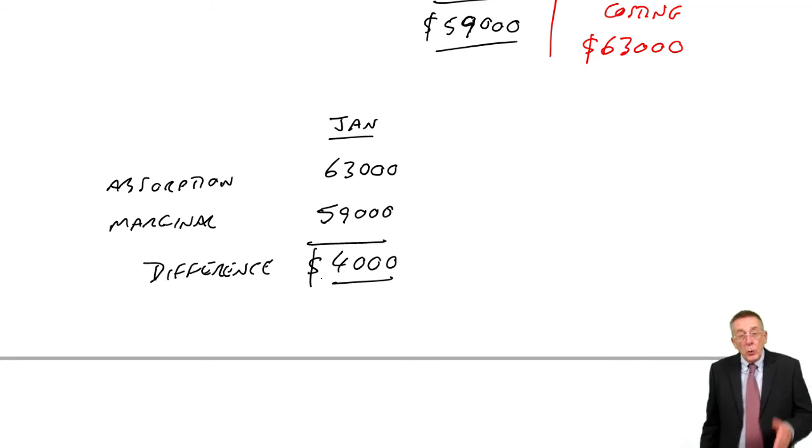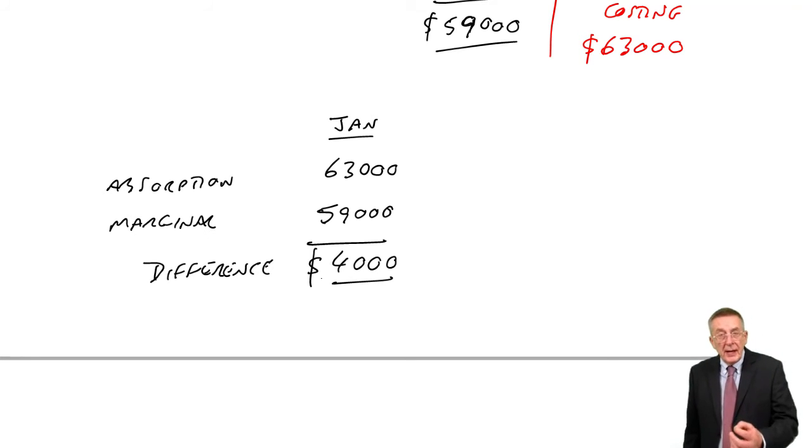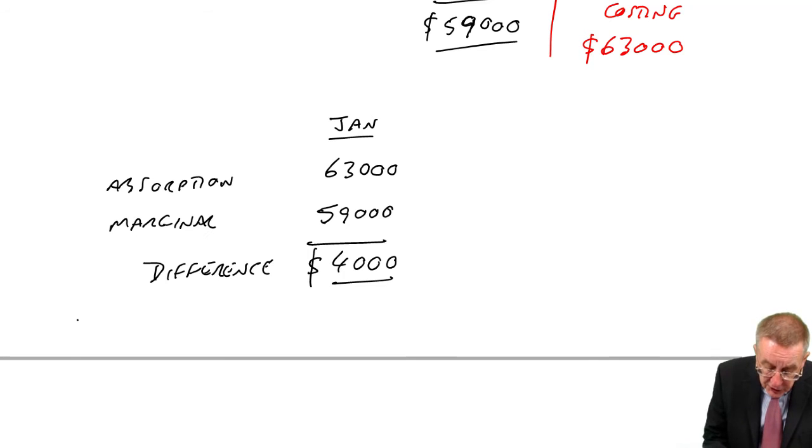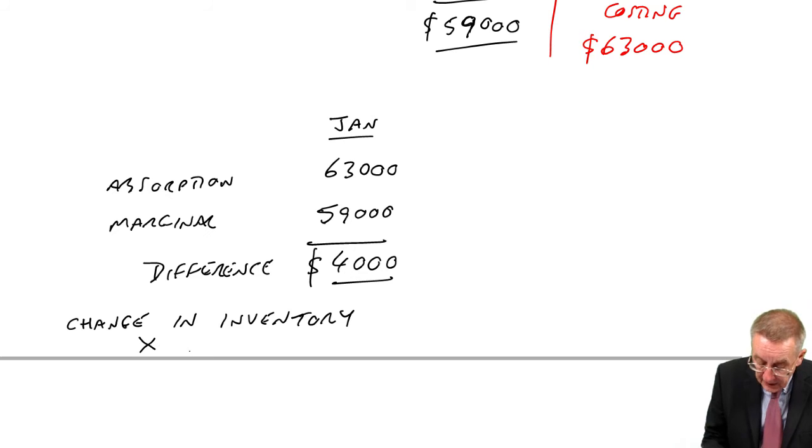And as I say, the only reason ever for that difference is due to the way inventory is valued. That difference is the change in inventory multiplied by the fixed overheads per unit.